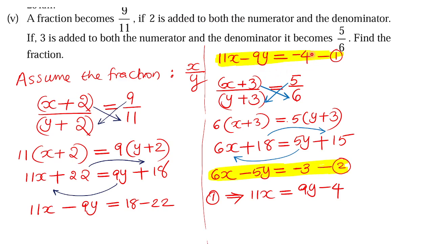So what is x now? This 11 will go to the other side. X is 9y minus 4 divided by 11. I got this from 1.